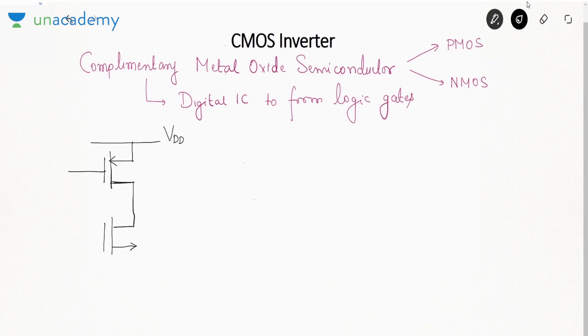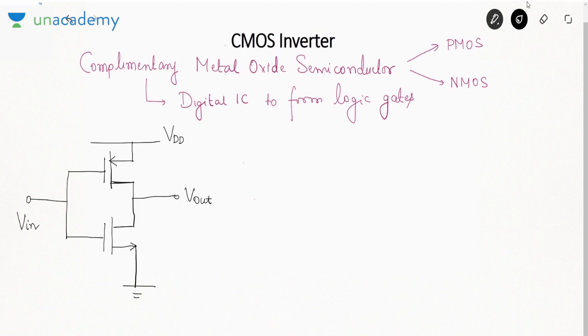The drains are tied together and the source of NMOS is grounded. So the source of PMOS is connected to VDD, the source of NMOS is grounded. Their gates are tied together to the voltage Vin and the drains are tied together to the voltage Vout.